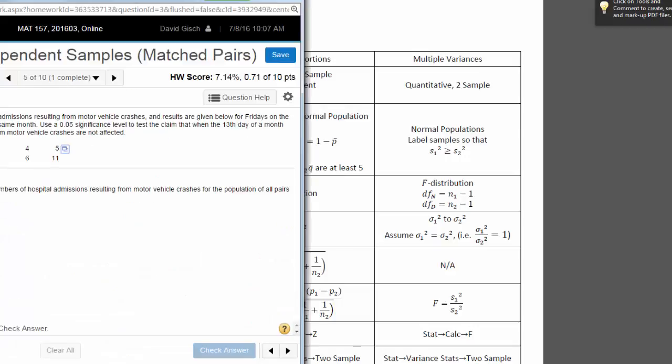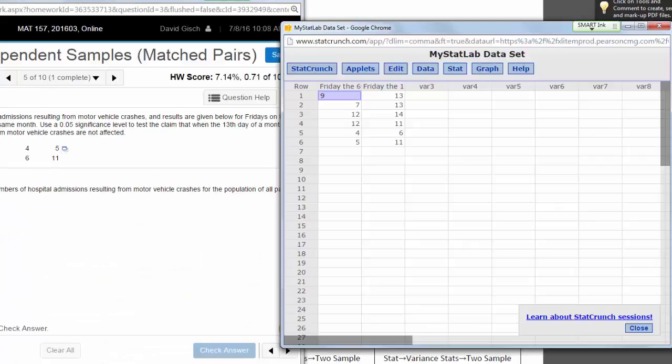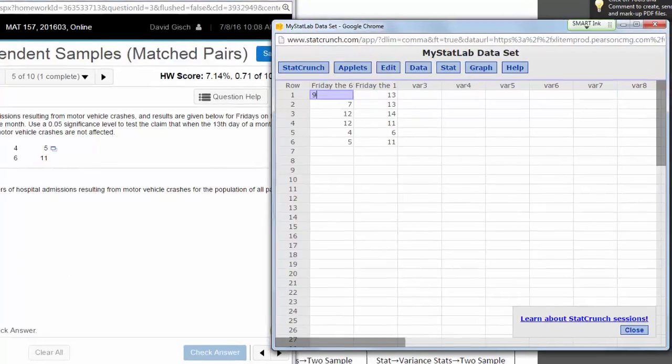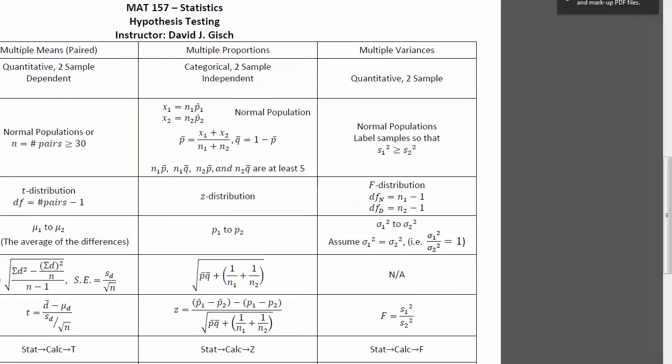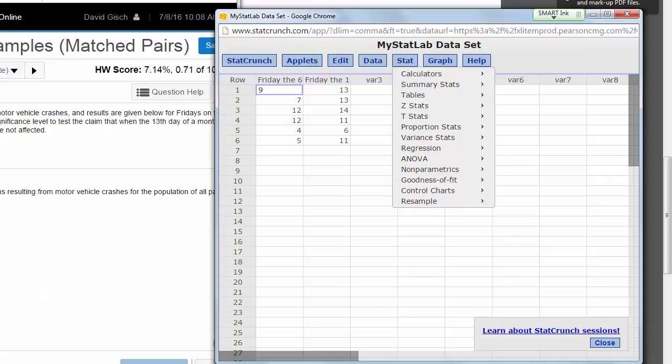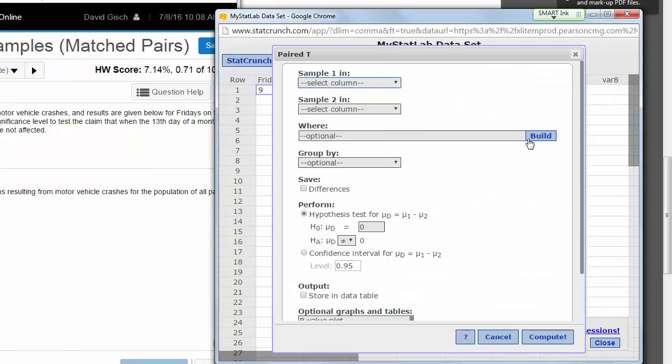And again, we'll just let StatCrunch do all the work. So we are going to go to T-stats, because again, if you look on the formula sheet, this is a T distribution, so it is a T-stat. So we'll go back. Stat, T-stats, we're paired. So column 1, Friday the 6th, column 2, Friday the 13th.